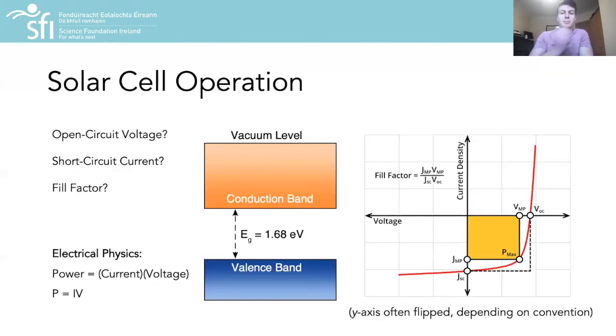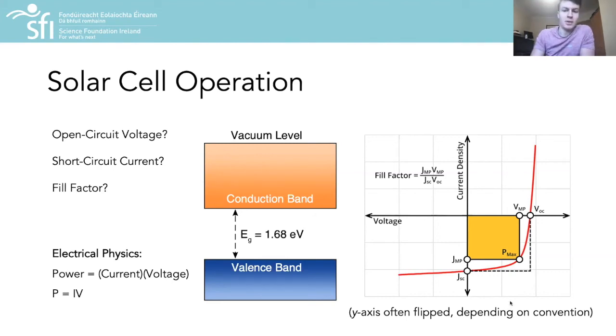So if you're reading papers or talking to engineers or experimentalists working on actual device fabrication, you'll hear the terms open circuit voltage, short circuit current, and fill factor quite often. So what do these terms mean, and how do they correspond to our calculated material properties?